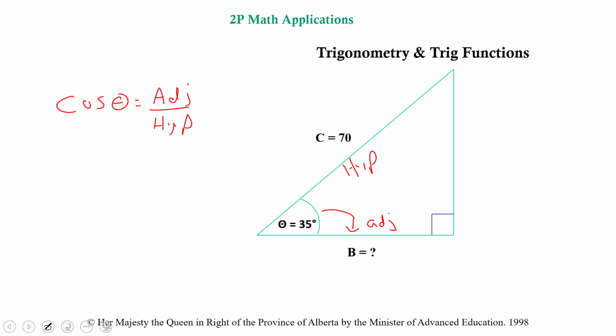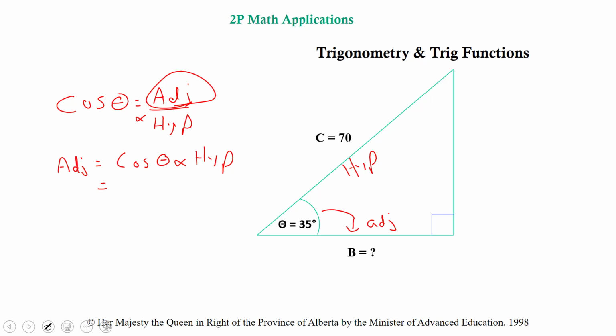We're trying to figure out the length of the adjacent side, side B, so we just have to cross multiply again. The adjacent side is equal to cosine of angle theta times the length of our hypotenuse.